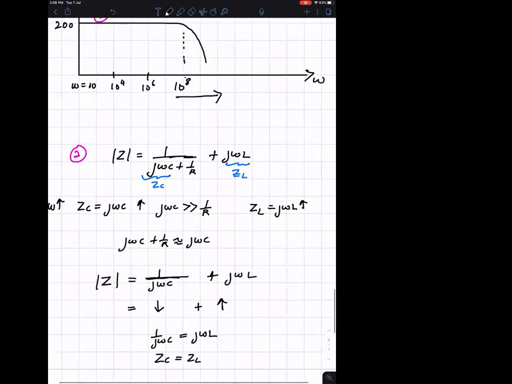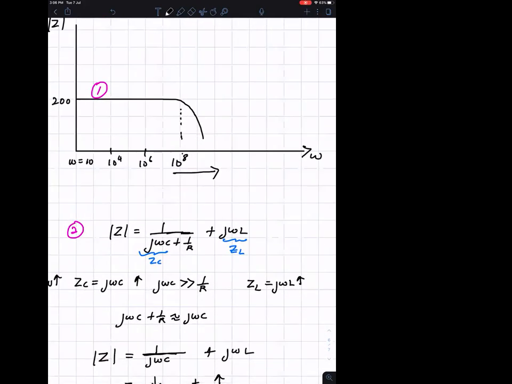When that happens, Z is purely resistive. They will come to a point that it cannot go down anymore, but the inductance will become more dominant. It will start going up like this. So this is called the resonance.